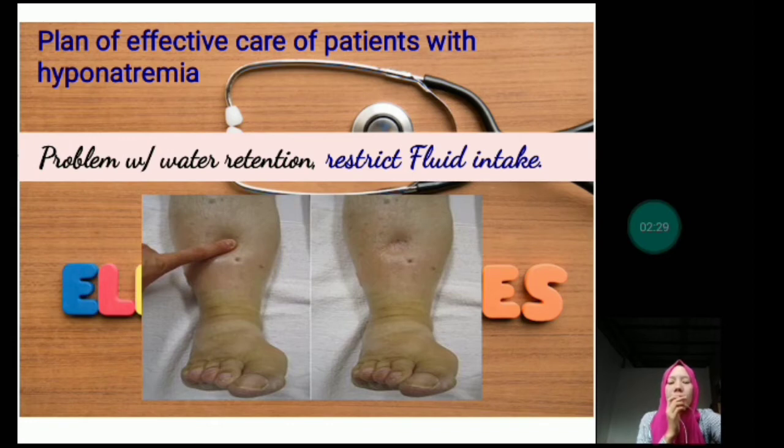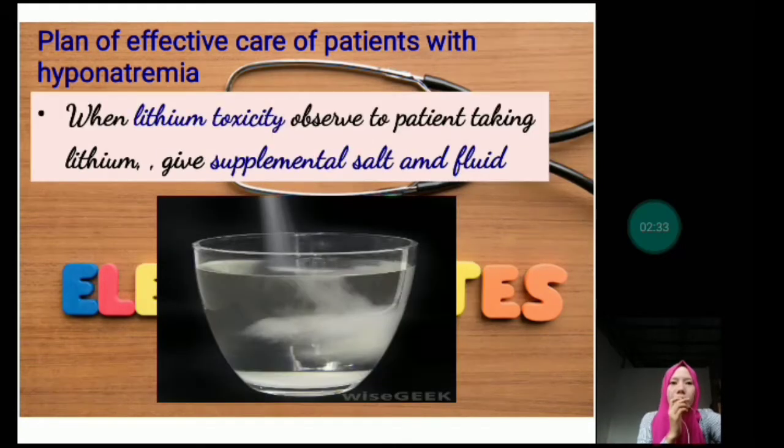The lungs are auscultated for crackles. Next, when observing for lithium toxicity in patients taking lithium, give supplemental salt and fluid.